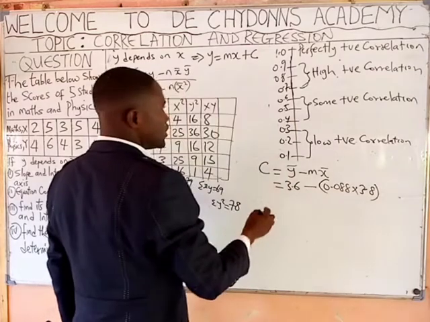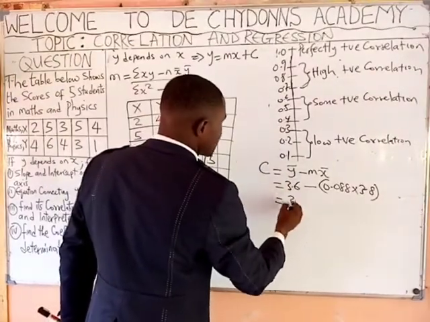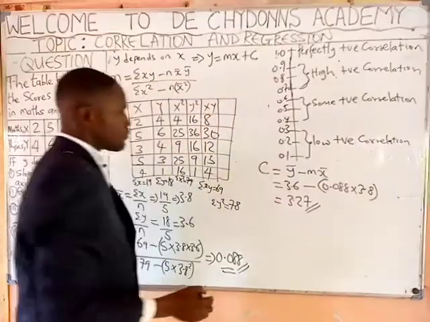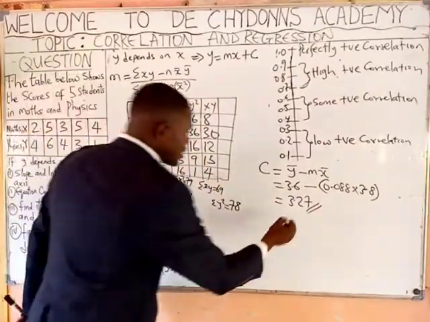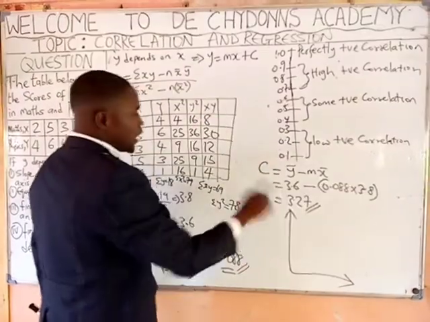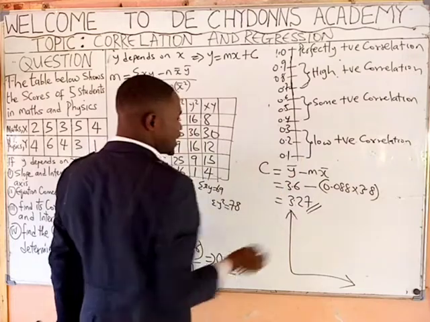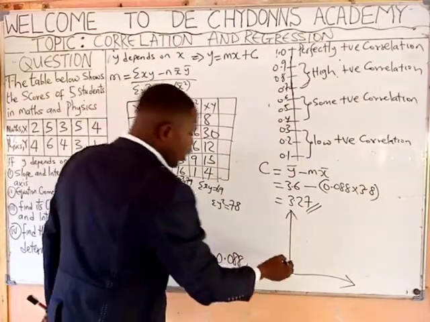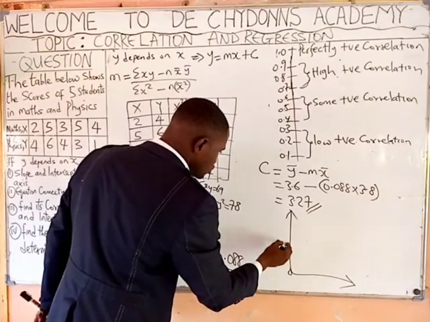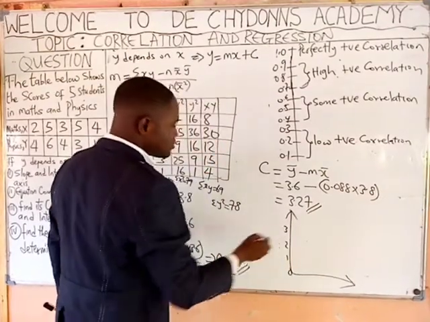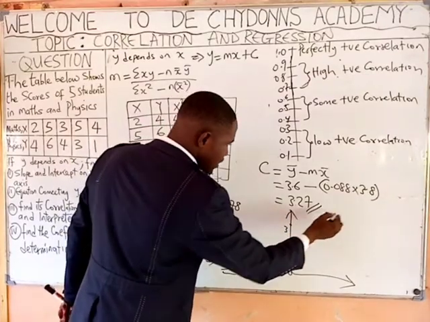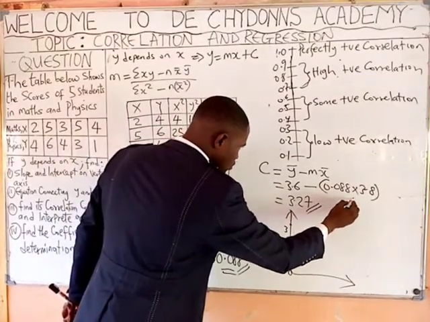So when you finish computing this, you will be getting 3.27 approximately. This simply means that if this is the graph, this line of best fit or regression line must cut through 3.27. So 0, 1, 2, 3. The intercept of it should be at this point. So we now say the graph will go this way.